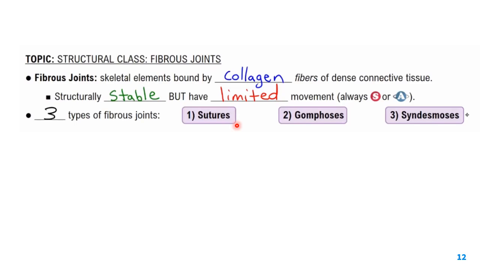Those types of joints are mainly going to be part of sutures, which is also kind of bony material, so you have collagen and bone material. Then you're going to have gomphoses, and those have to do with teeth attachment. And you also have syndesmoses, and those have to do with joints that are part of interosseous types of membranes. Okay, don't go crazy. We're gonna get examples of them.